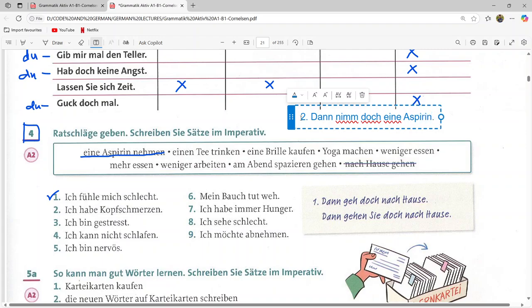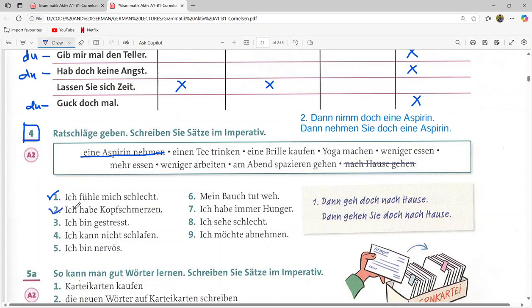Okay, now if I want to say the same sentence in the Sie form, then "Dann nehmen Sie doch eine Aspirin," like this.